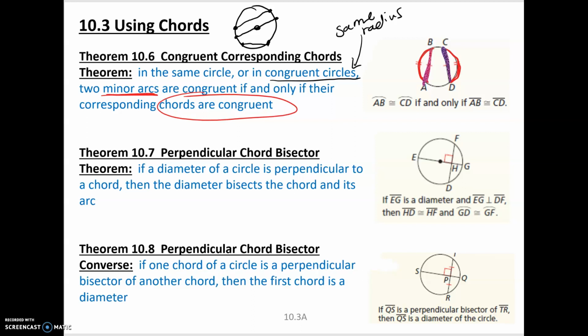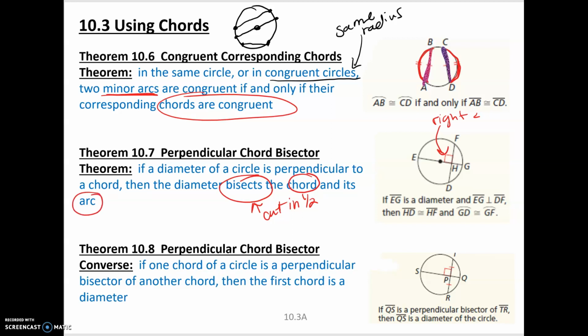Okay, second one that we have is the perpendicular chord bisector theorem. It says if a diameter of a circle is perpendicular to a chord, so remember perpendicular, I'm looking for that right angle, then the diameter bisects the chord and its arc. So I'm going to have something that is cut in half: I'm cutting the chord in half and its arc in half.